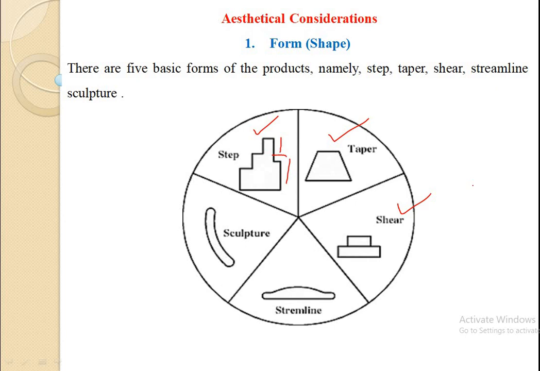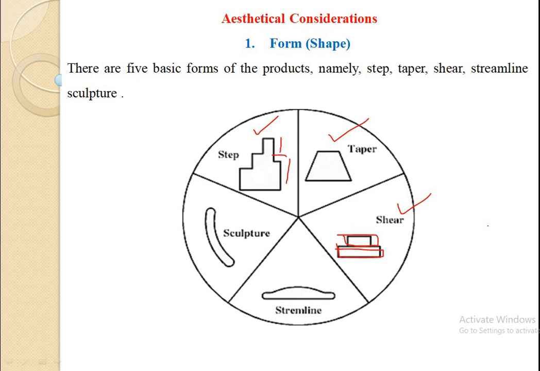The shear form has a square outlook, that's why it is known as the square outlook. So this shear form has a structure like squares. If you take the example of a shear form, mobile is an example. It has a square structure.